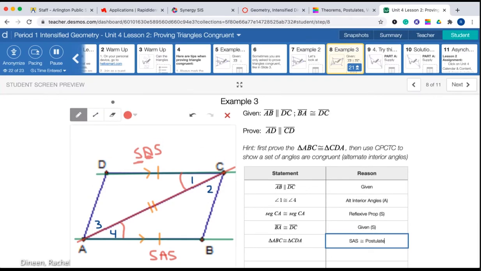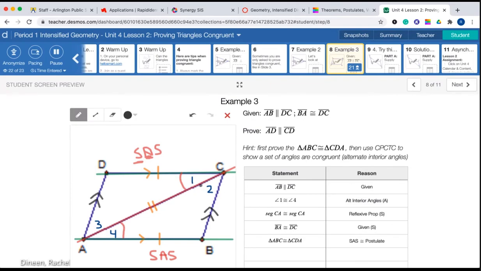Now we are trying to prove that AD, sorry, it should say BC, is parallel to BC. So I'm going to mark what we are trying to prove in black. So we're trying to prove that these two sides are parallel. Well, since these triangles are congruent now, then all their corresponding parts are congruent.